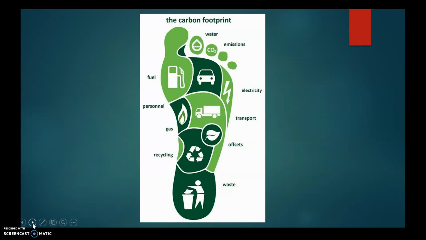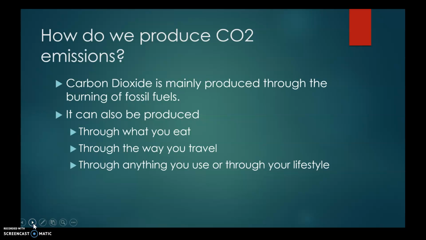So let's move to the next slide, and we're going to talk a little bit about how we produce CO2 emissions. Carbon dioxide, of course, is mainly produced through the burning of fossil fuels. But it can also be produced through what you eat, through the way you travel, and through anything you use or through the lifestyle that you lead.